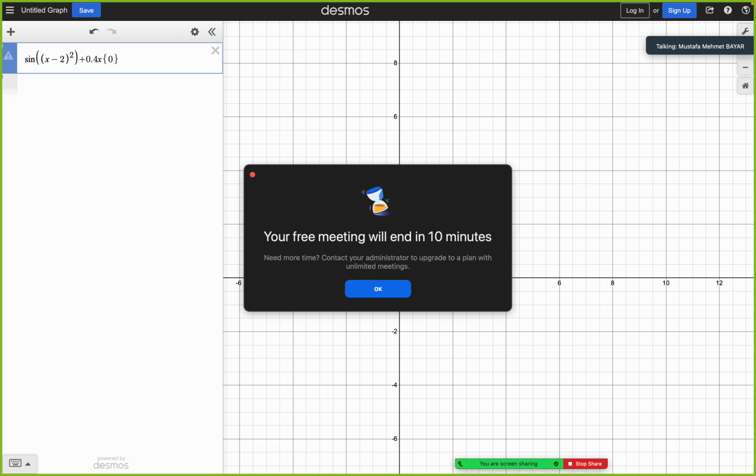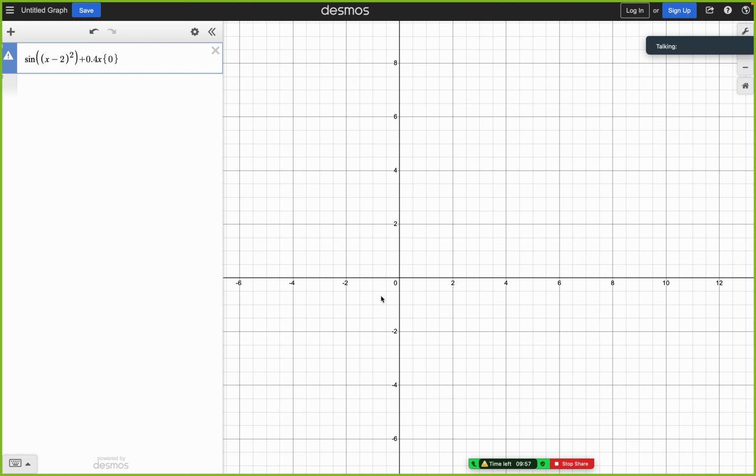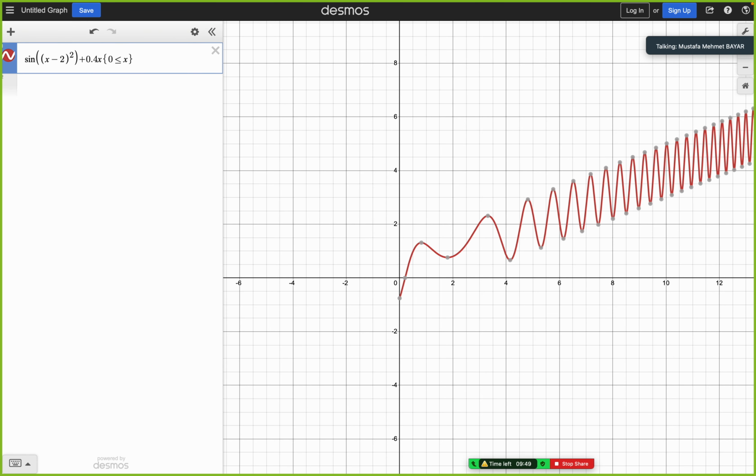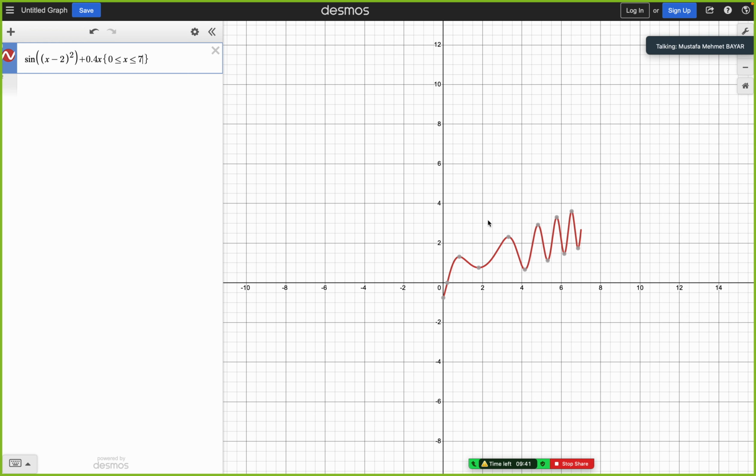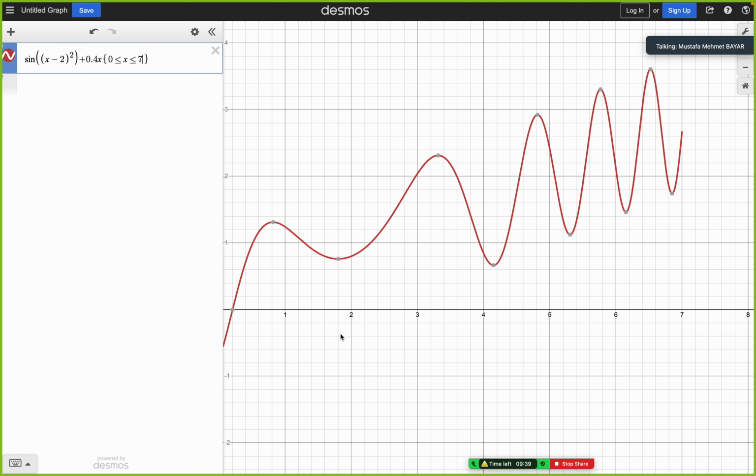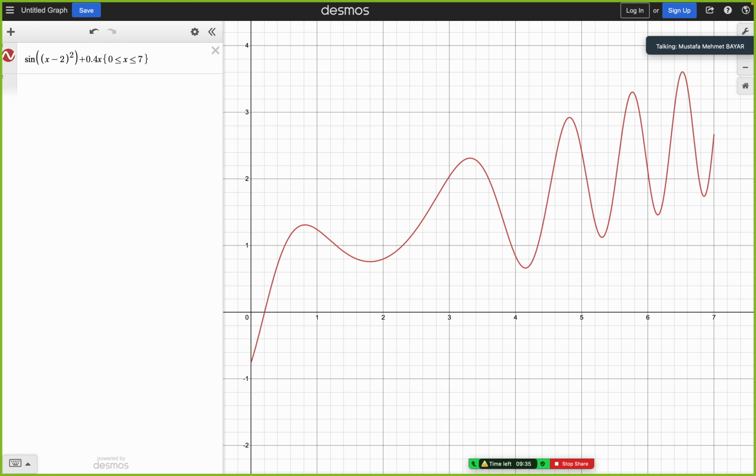Then 0 greater than or equal to x, and this is going to be a 7 too. So that's your function. And let's get back to the question now.